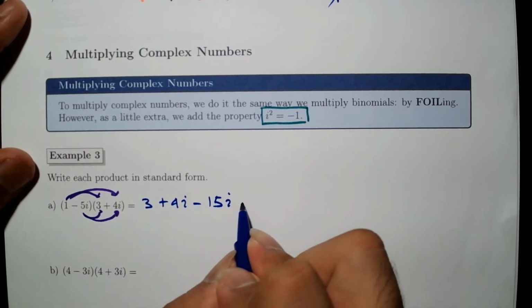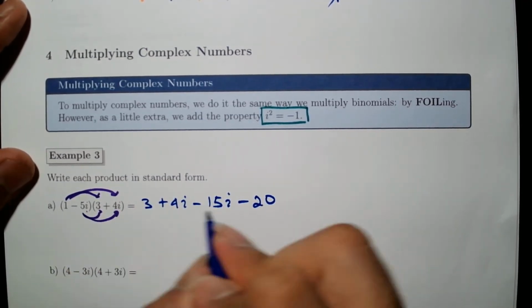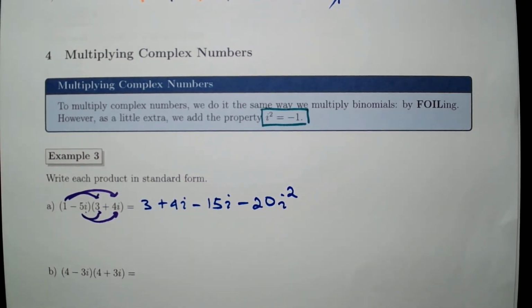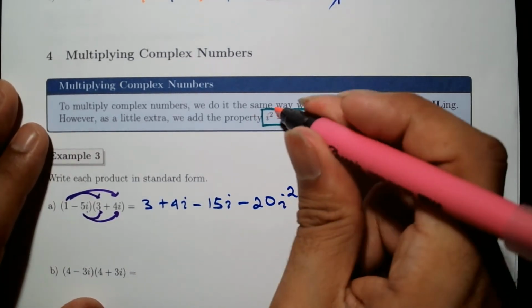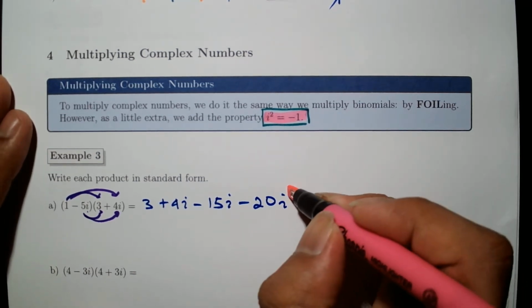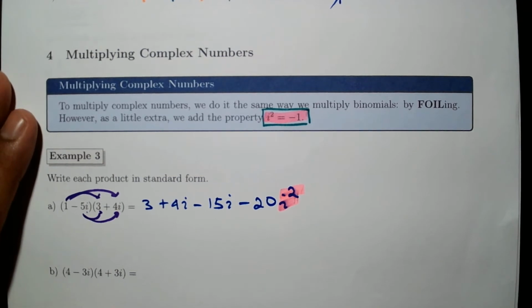Negative times positive is also negative, 4 times 5, that's 20 i times i, i squared. Alright, actually, let me go ahead and highlight this i squared here, because we're going to use it a couple times to simplify this one.